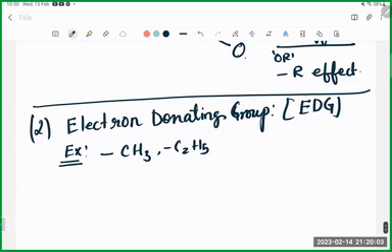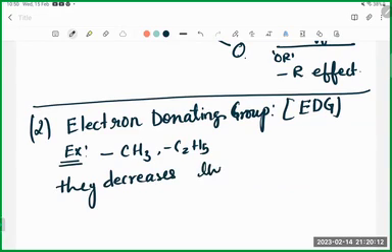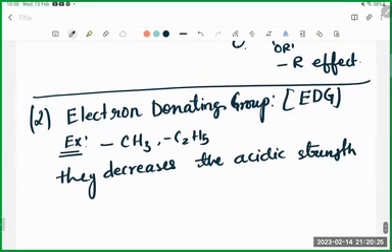What do they do? They decrease the acidic strength. Clear, Hridaya? Yes, ma'am.